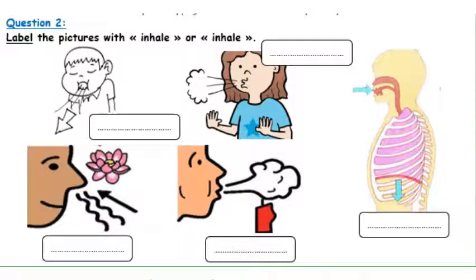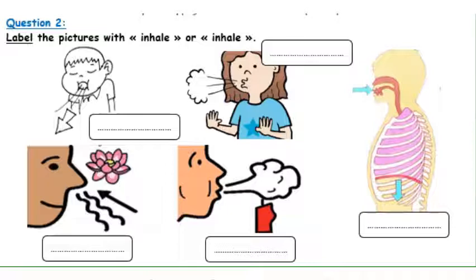Let's say them together. The nose, the trachea, and the lungs, right? Nose, trachea, and lungs. This system, as I mentioned before, controls the movement of the oxygen and carbon dioxide inside and outside the body.